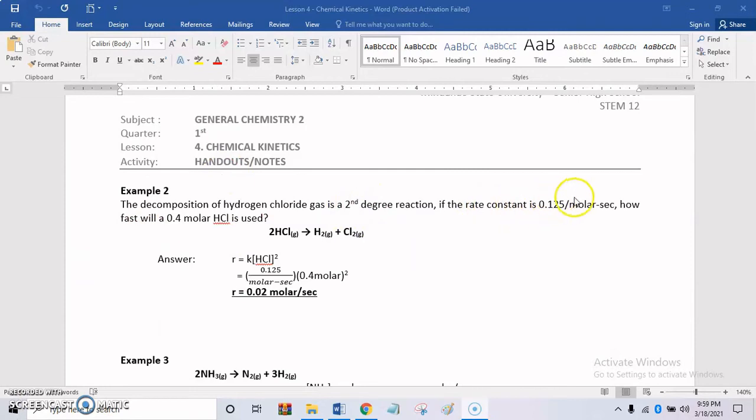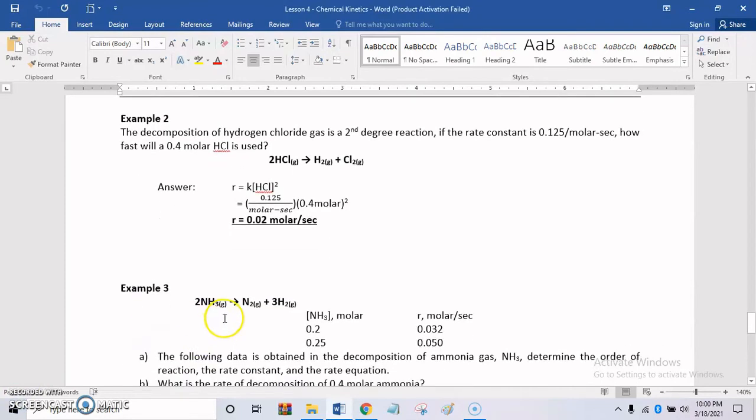The rate, that's the rate constant K, and the concentration of HCl. So R is equals to K times the concentration of HCl to the power of 2. Inputting the information, we can get 0.02 molar per second.